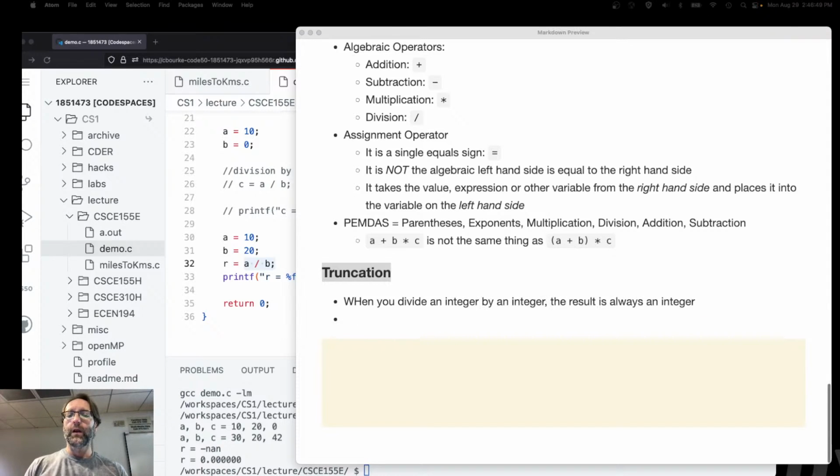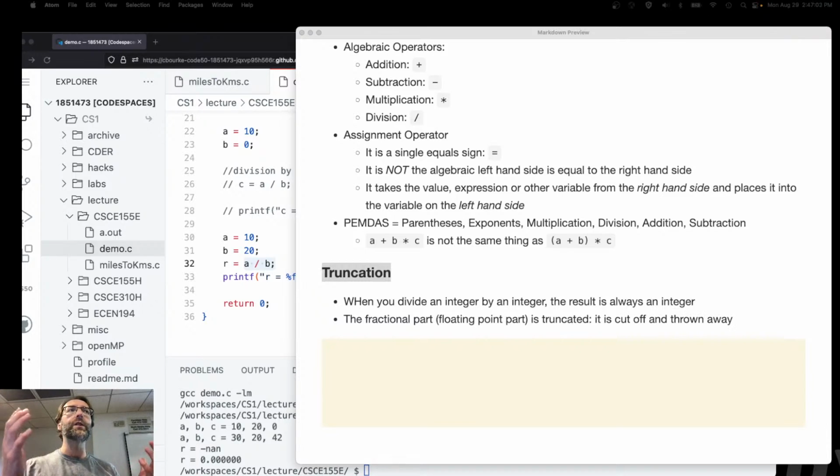The fractional part, that is the floating point part, is truncated. It is cut off and thrown away. It is not rounded up. It is not rounded down. There is no rounding in this entire process. It is cut off and thrown away entirely.